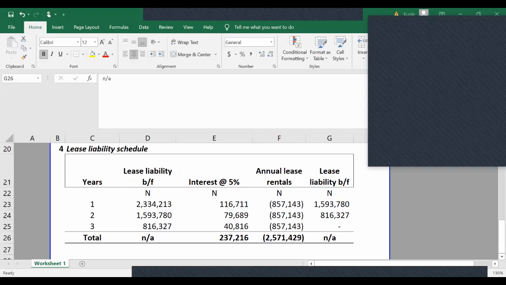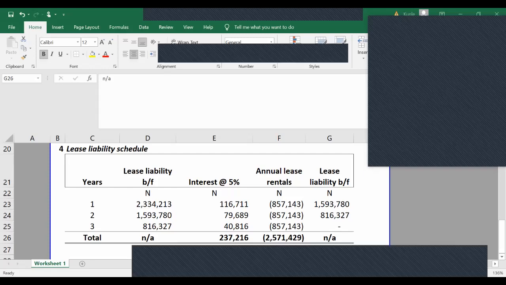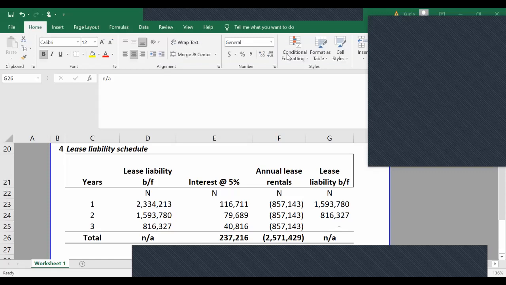Okay, somebody else is asking whether the interest will be recognized as income. No, it is not income. It is an expense. I made it clear at the beginning of this session that anytime you are working with IFRS 16, you should bear in mind that you are reporting for the lessee.